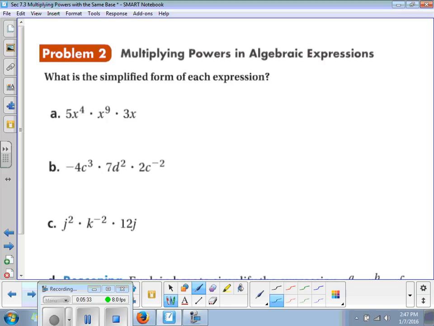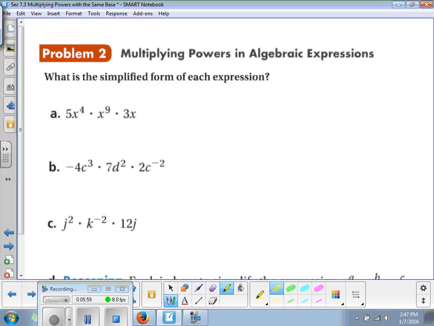Very good. So, when we do this, we separate the coefficients, okay? Because this says 5 times x to the 4th times x to the 9th times 3 times x. Since everything is multiplication, can't I do it in any order I want to? Yes. Yes, you can. Very good.